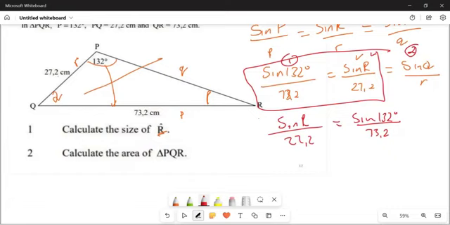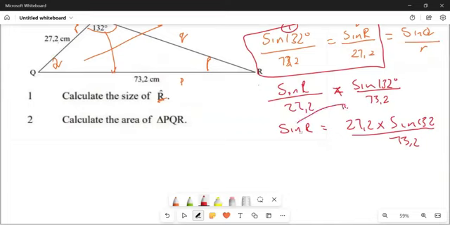What is the first thing that you will do here? You're going to cross multiply. If you cross multiply, we are going to have the sine of R equal to 27,2 multiplied by the sine of 132 all over 73,2. You still want to get R. What would you do from here?